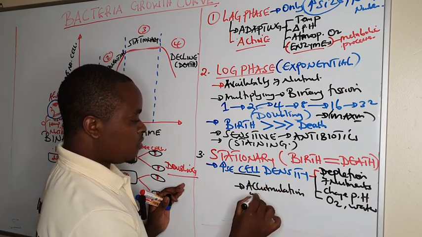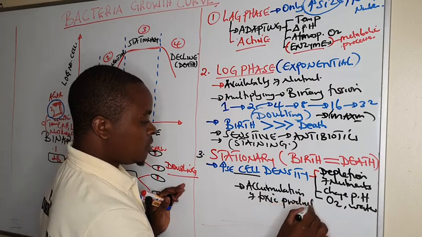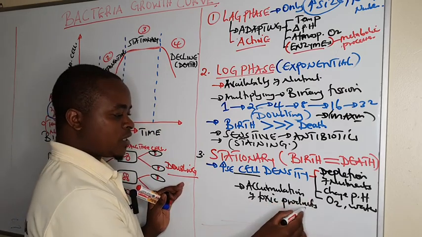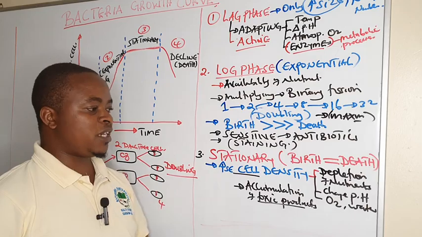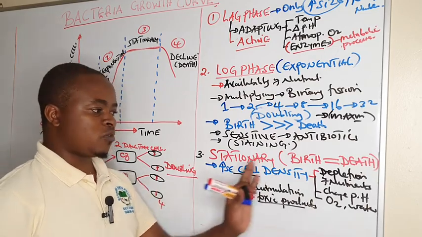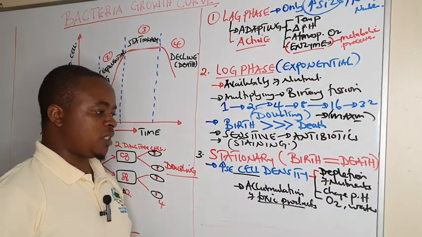Accumulation of toxic metabolic products. So when the toxic metabolic products accumulate, they lead to change in pH, then oxygen is depleted if it is required, water if it is required is depleted, then there is also depletion of nutrients.